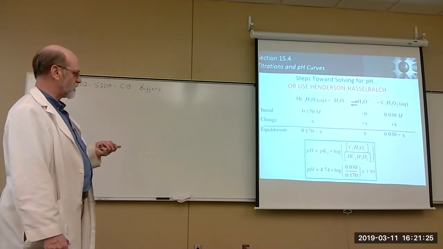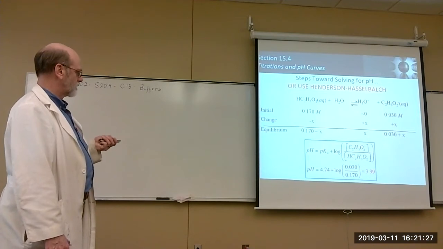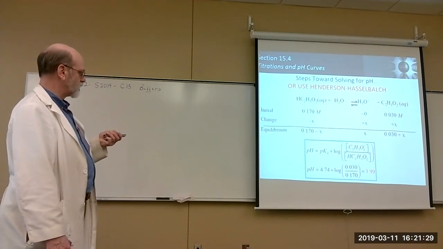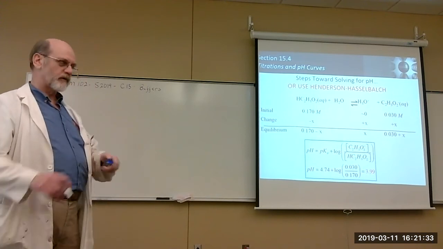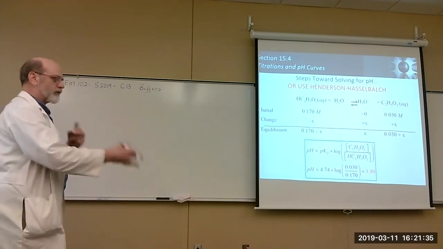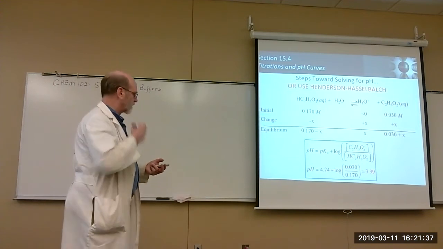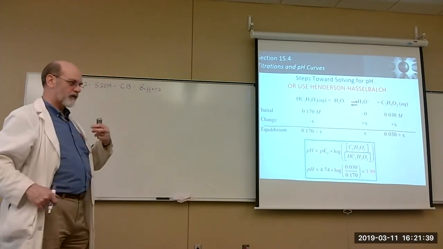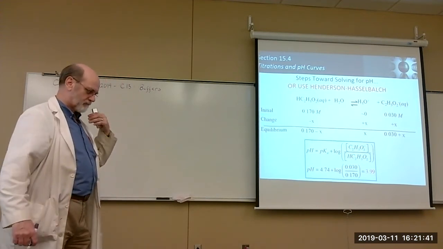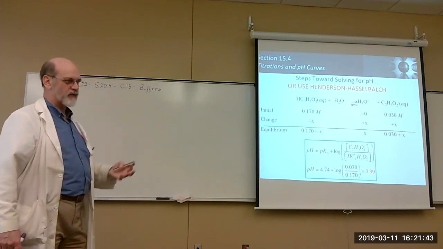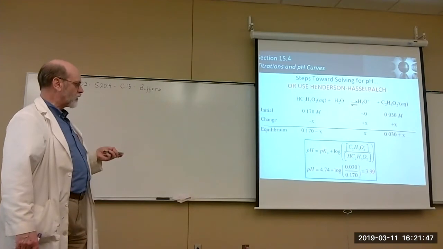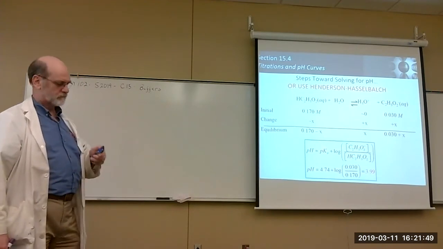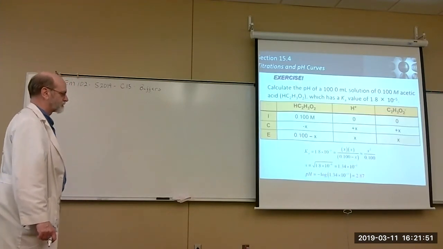We just plug in the numbers. Instead of doing this, we just plug those numbers in here, and we get 3.99. So this shows you two different ways to work the equation and to work the determination of buffer pH. And I vote for the easy way.